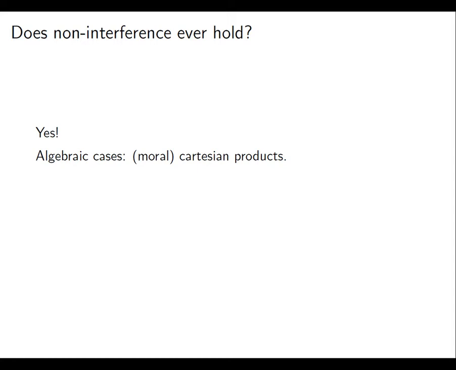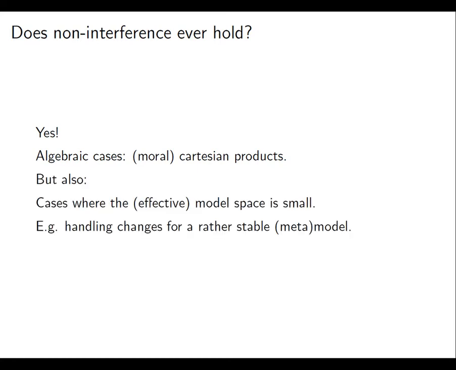But more interestingly, you can also get non-interference in cases where the effective model space is rather small. In other words, the space over which we are universally quantifying in that condition for non-interference is rather small, and that arises, for example, in the case of handling changes for a rather stable metamodel.